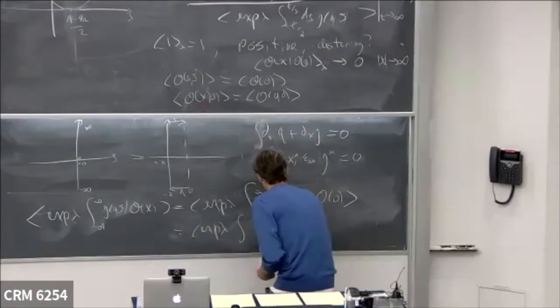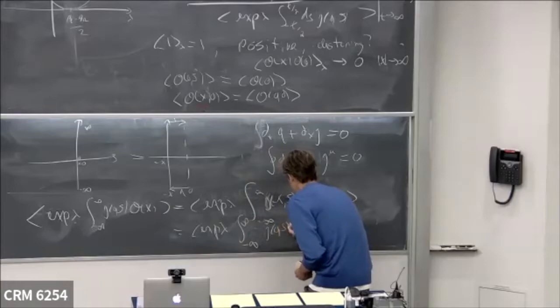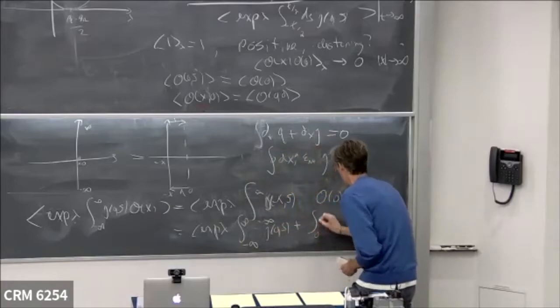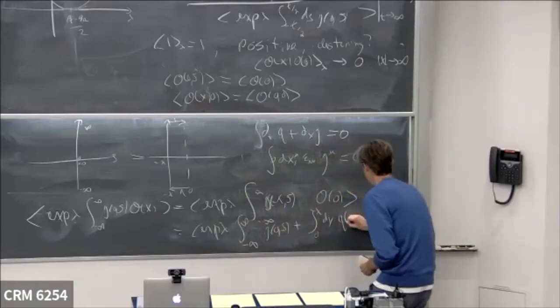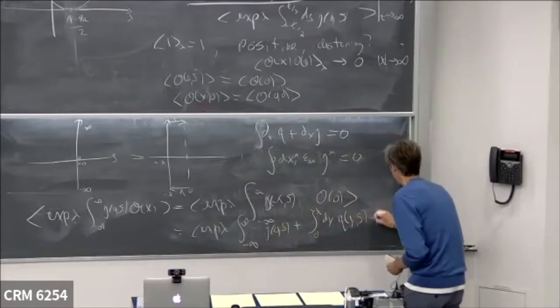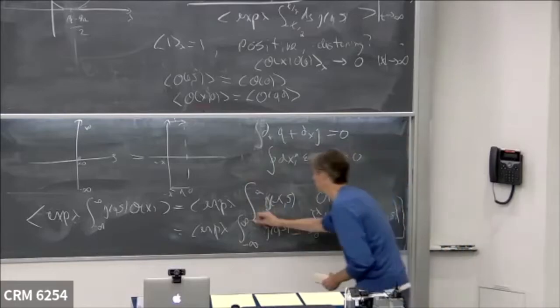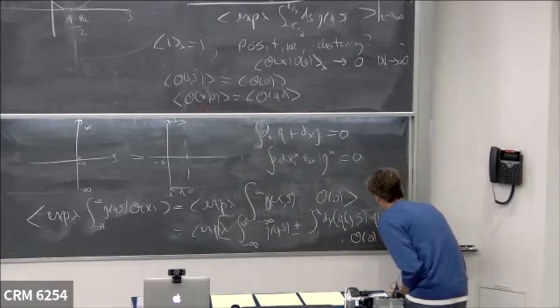Integration from minus infinity to infinity of j0s, and then I add the integration from 0 to minus x dy of the densities ys minus y minus s. It's plus or minus, I don't know. That's in the exponential. And then I have times O at 0.